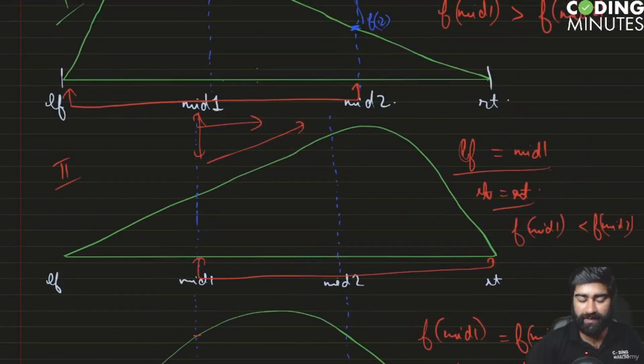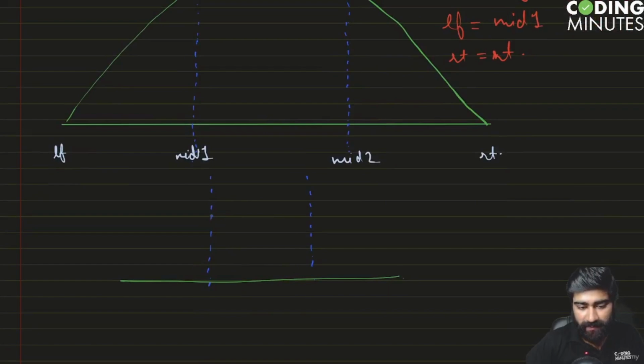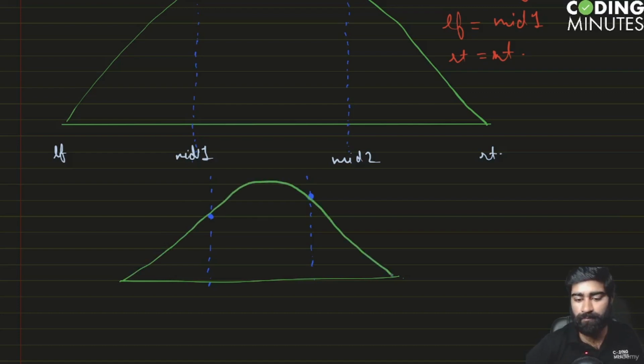The second case was that f of mid 1 is less than f of mid 2, right? Let's say this is mid 1 and this is mid 2. Now let me join this. As you can see, mid 1 is less than mid 2, right?